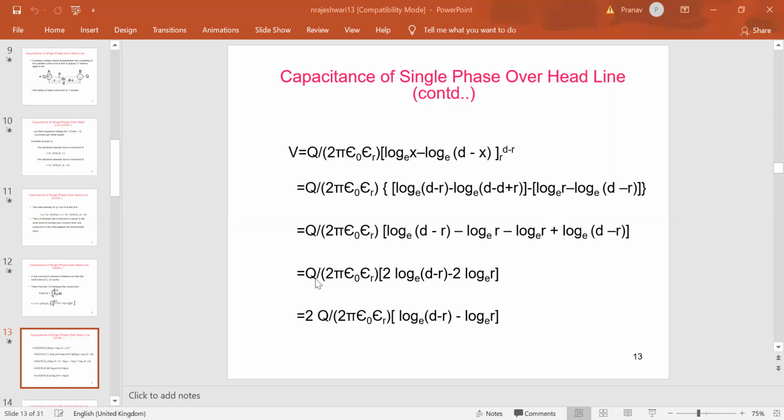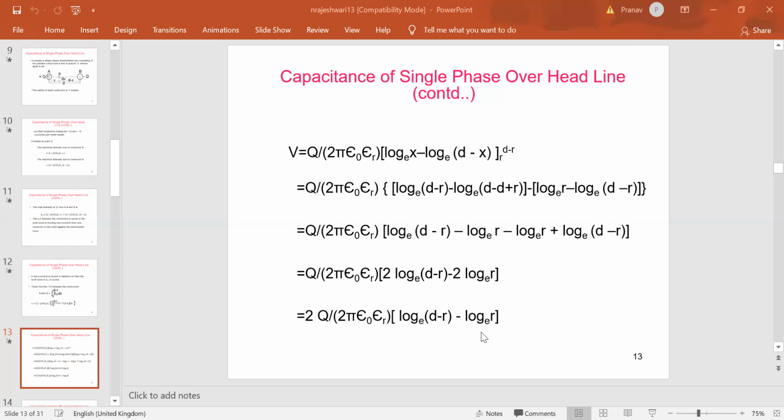So q divided by 2 pi epsilon naught into 2 log of d minus r minus 2 log r. By taking the 2 as common, 2q divided by 2 pi epsilon naught epsilon r, log of d minus r minus log r.